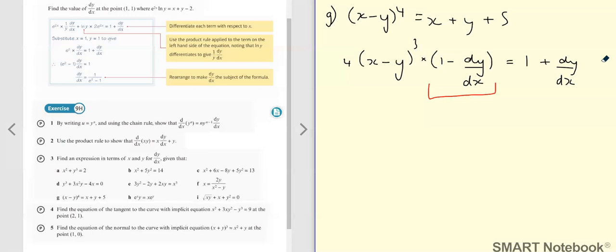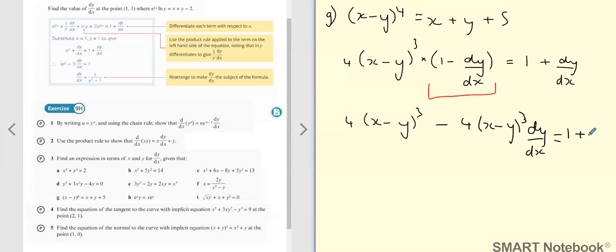Now, when I do 1 times by that whole thing, I get 4x minus y cubed. And when I multiply dy by dx, I'm going to get minus 4x minus y cubed dy by dx equals 1 plus dy by dx.